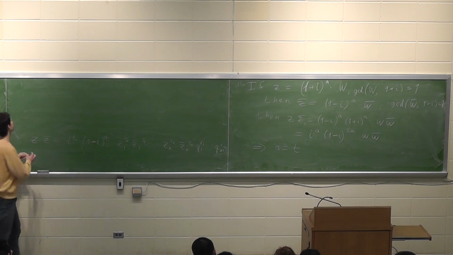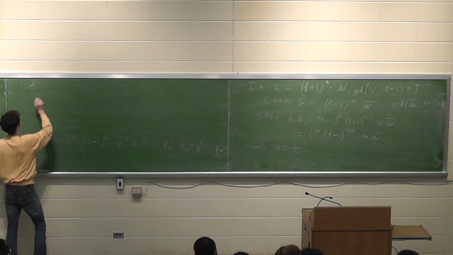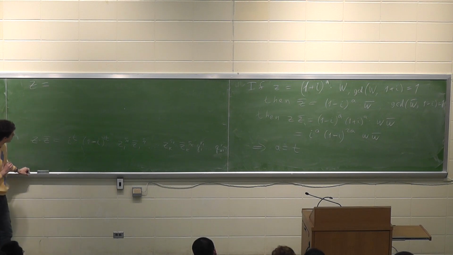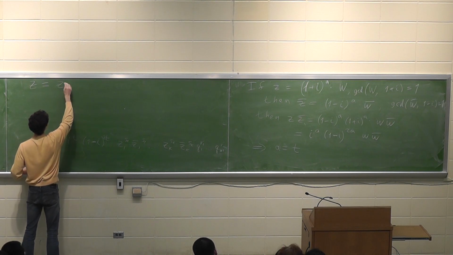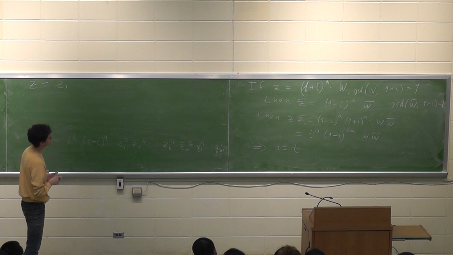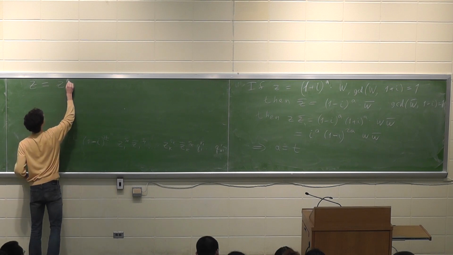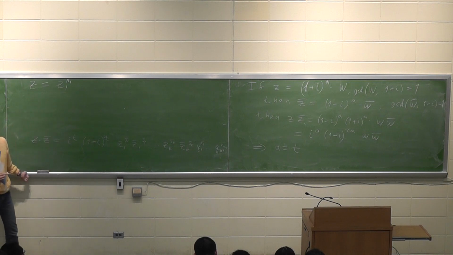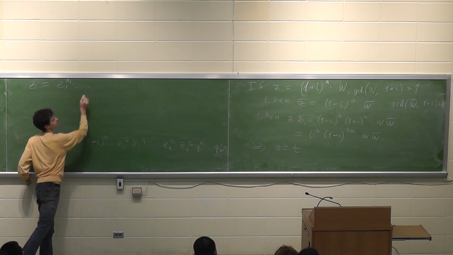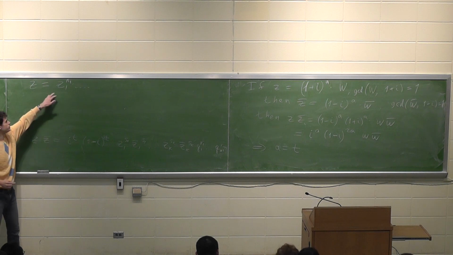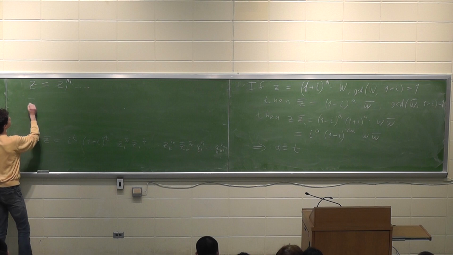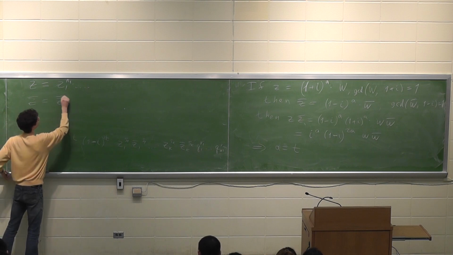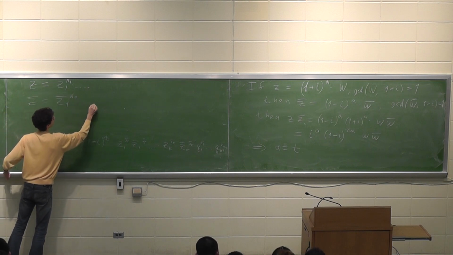It should be some power. So let me start by doing it like this. z is z1 to some power n1, times other stuff. Other stuff means a product of primes which are not equal to z1. Then z conjugate is z1 conjugate to the power n1 times other primes.